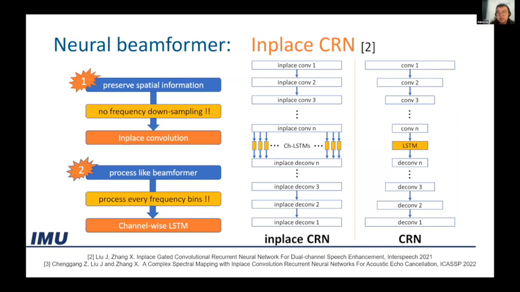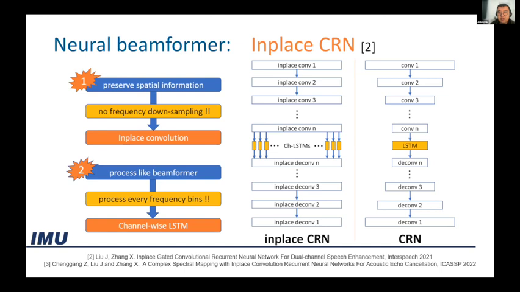This is because spatial information is represented by the phase difference at each frequency bin between the multi-channel spectra. So spatial information independently exists at each frequency bin, but the downsampling operation in the frequency dimension could lead to spatial information loss.